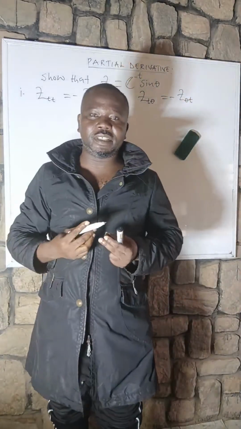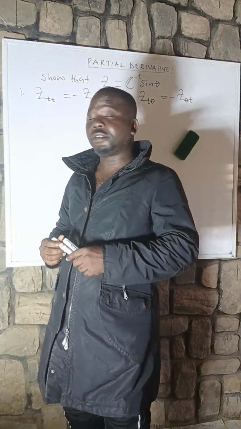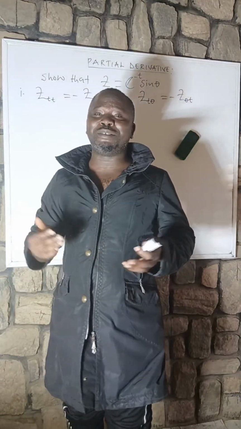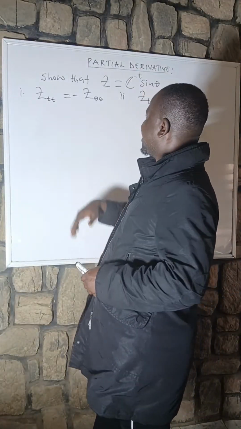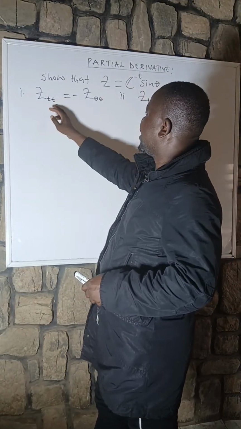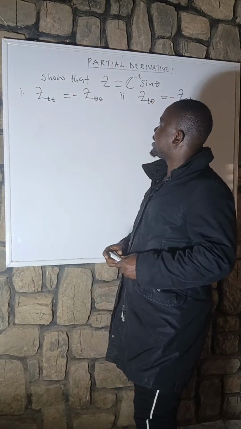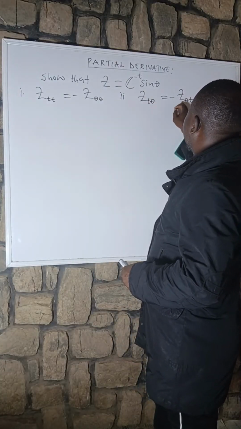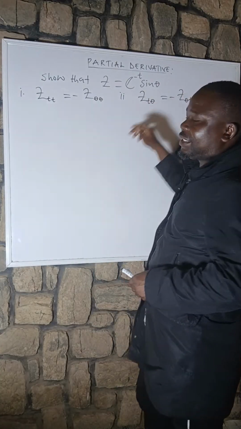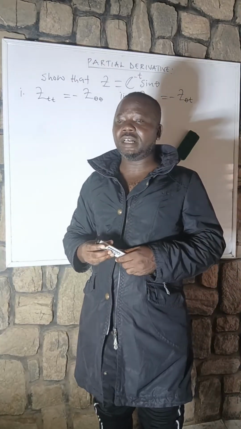It's simple as ABC, it's not difficult. I will break it down for you. I know some of you who are not used to mathematics will be asking what I am talking about: z subscript tt, z subscript theta, z subscript t theta, and z subscript theta t. I will explain it to you. Is that clear?